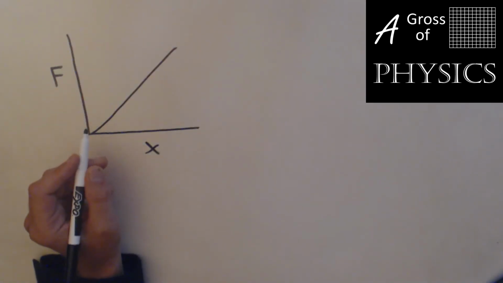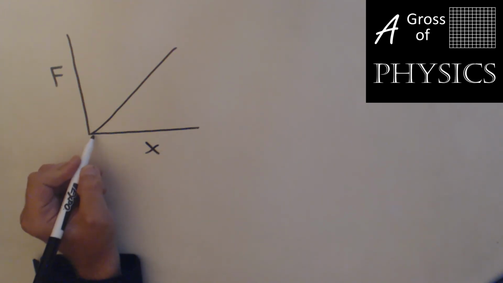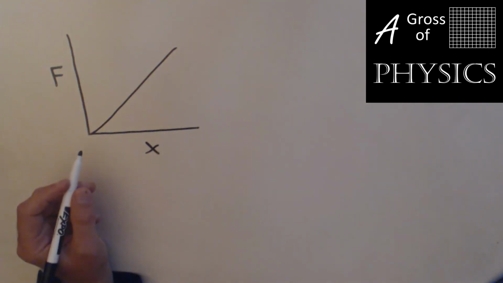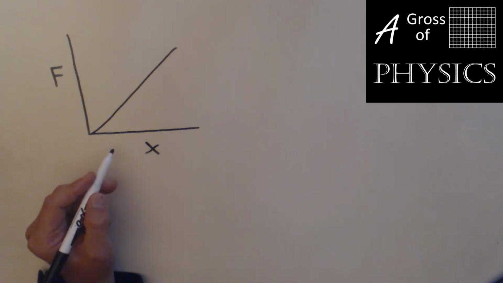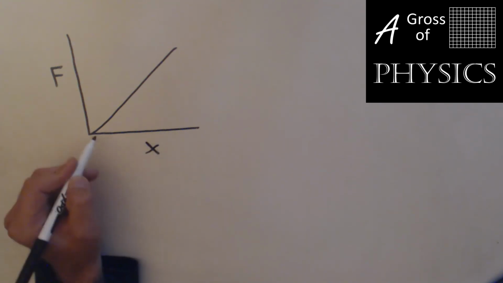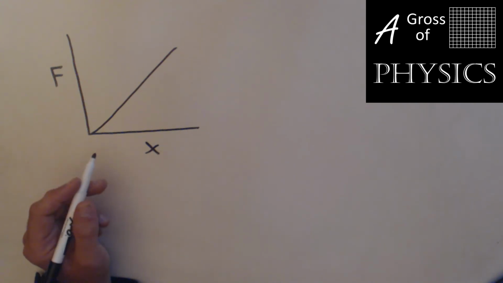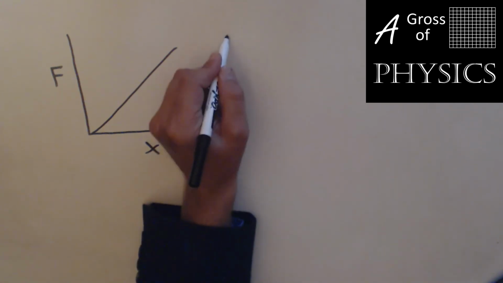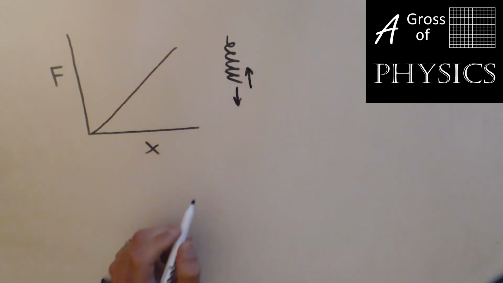So where does the equation for potential energy of a spring come from? Well, if you look at the graph, this is a standard graph of force versus elongation for a spring. And as you'll see, as you stretch it farther, it takes more force. That's because the spring is going to supply a restoring force, so that as you stretch it, it's going to try to fight you back.